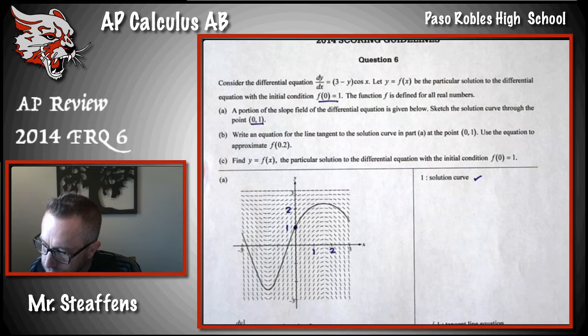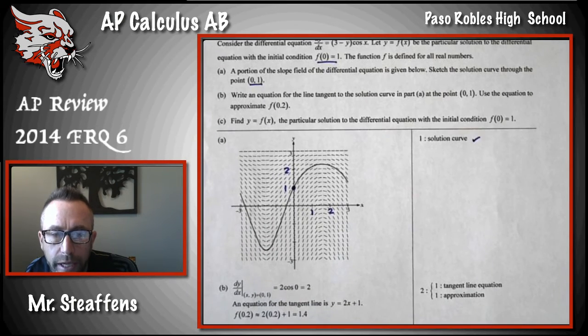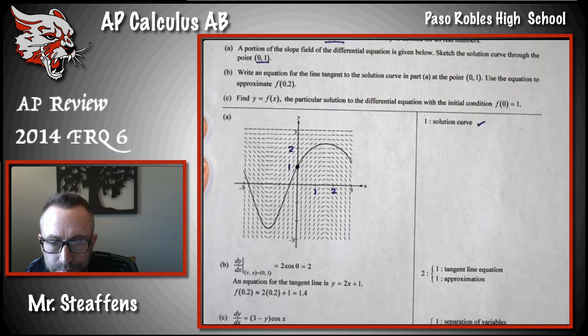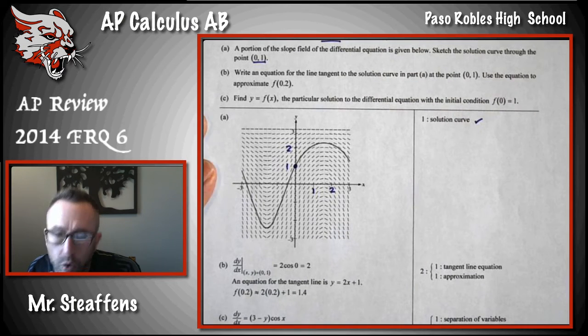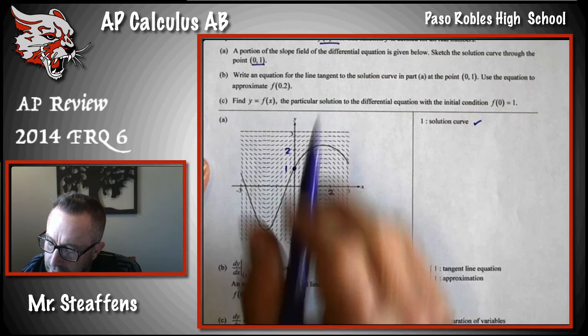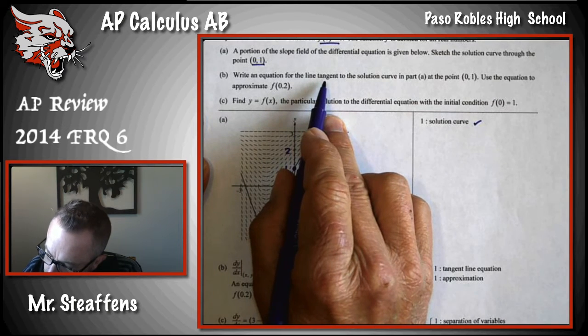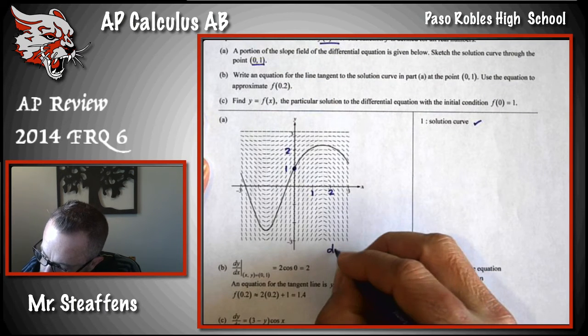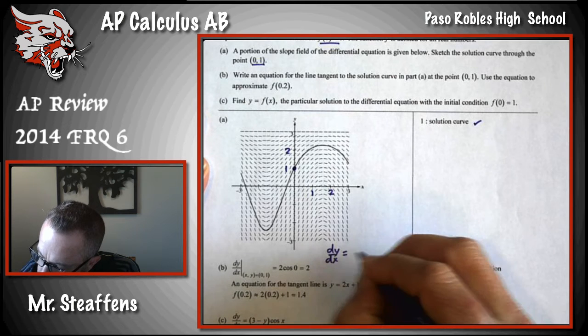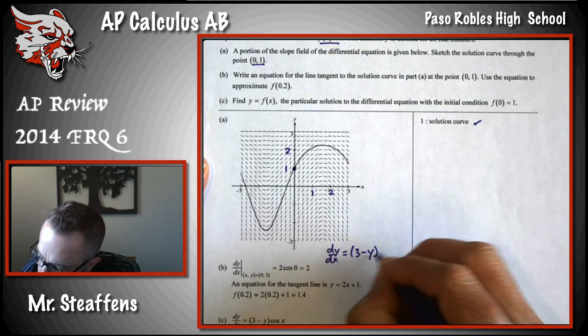Here we go. The next part down here is pretty straightforward. It says, write the equation of the tangent line. So if you remember, dy/dx up top was 3 minus y cosine x.